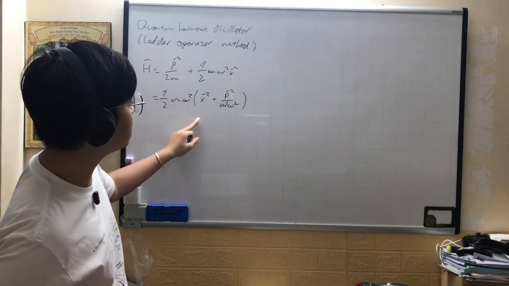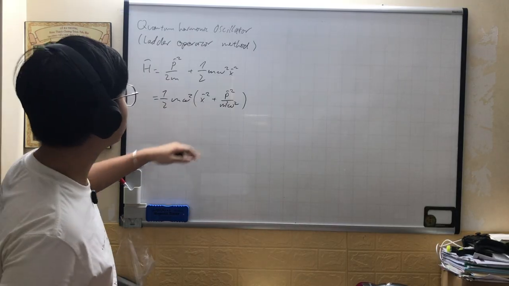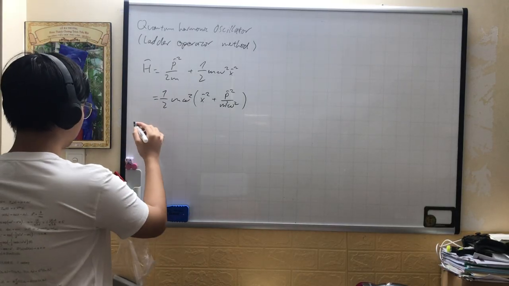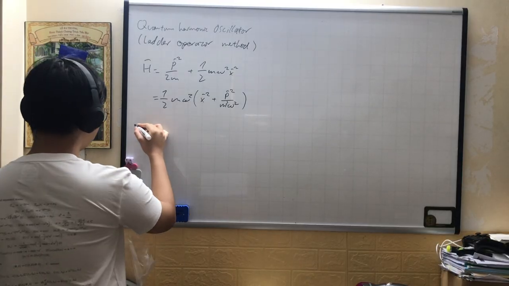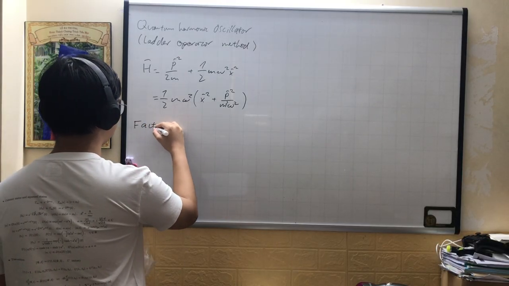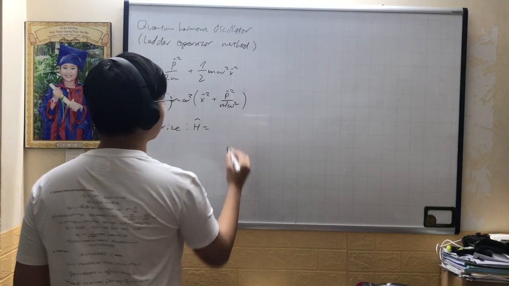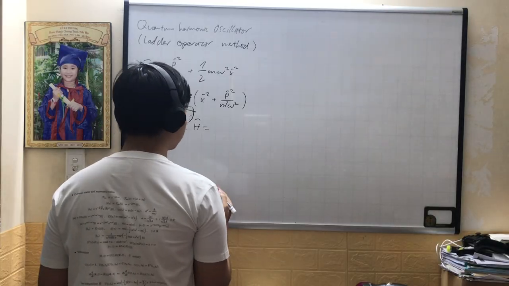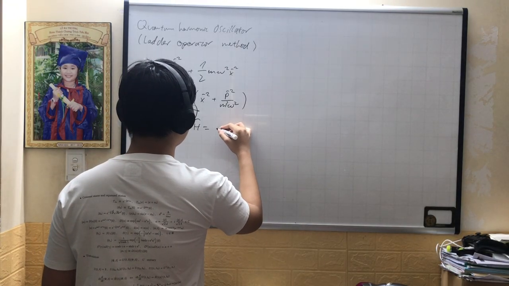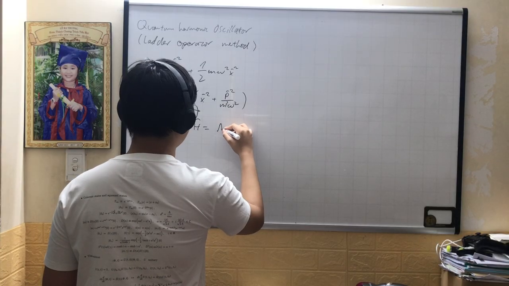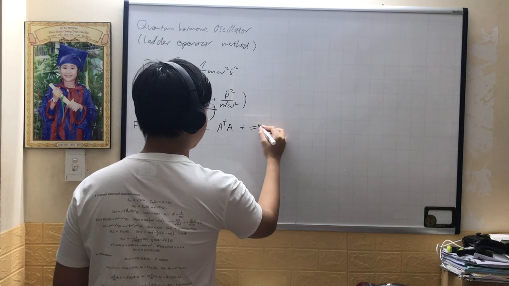Okay, so once you isolate your operators, what you would want in your Hamiltonian is that when you factorize it, it is a combination of what I would call the operator a dagger a plus a number.